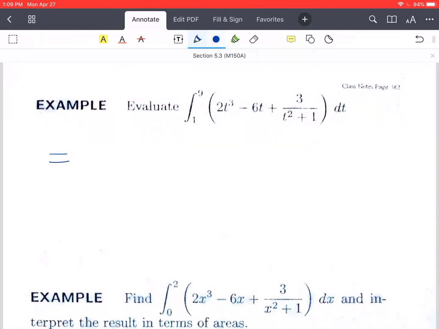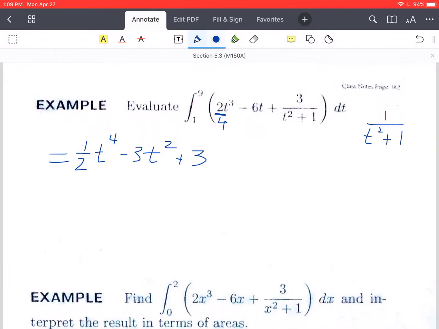So this is going to become t to the 4th. And it would have been over 4, but remember there was a 2 over here. So it's going to be 2 over 4, which is just 1/2. So that's 1/2 t to the 4th minus 3t squared plus 3 times 1 over t squared plus 1.